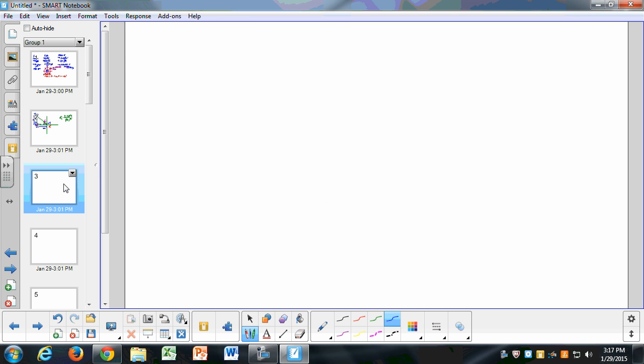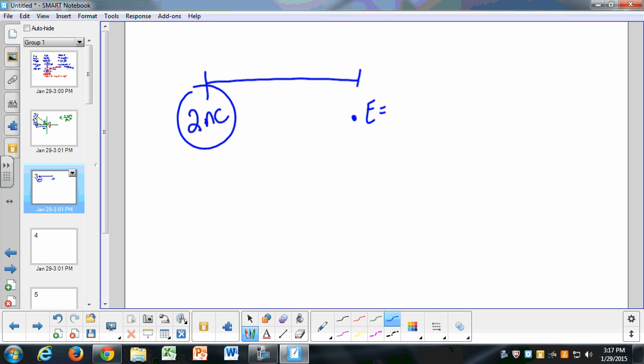Let's say that I have a charge that is 2 nanocoulombs. What is the electric field at this point? Let's say this is 6 meters away.